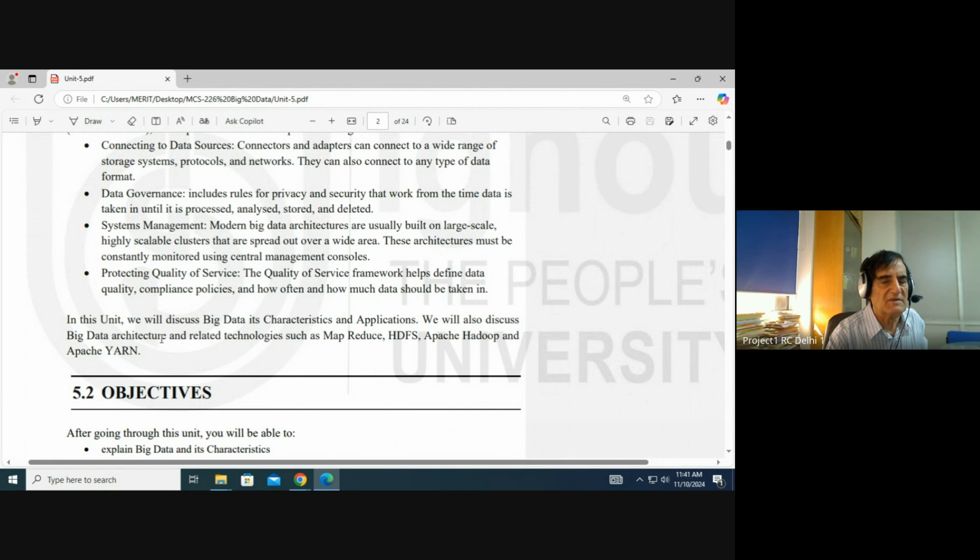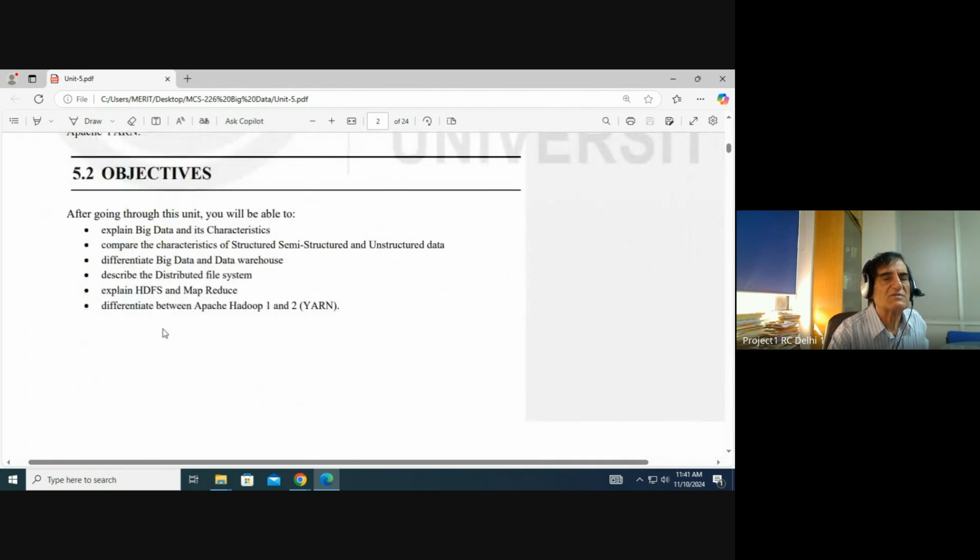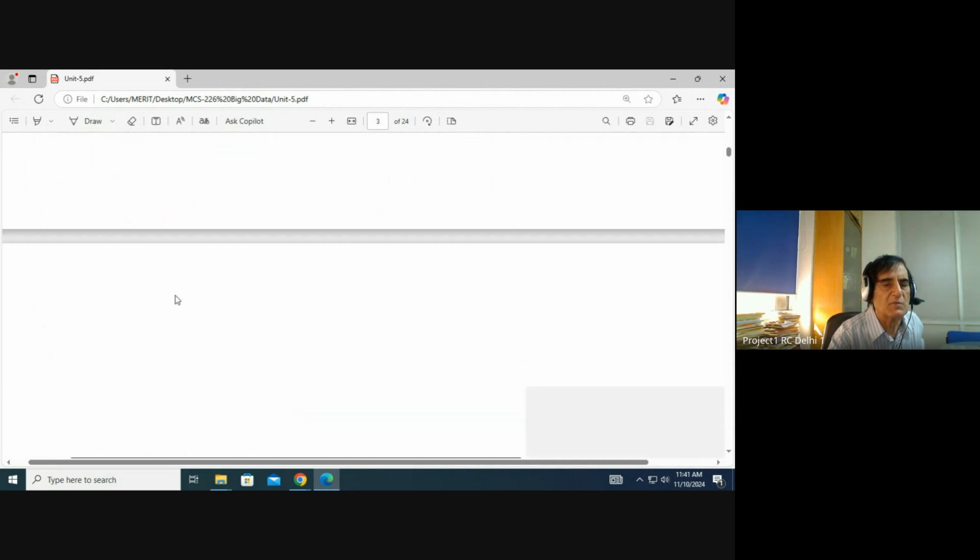The objective is to explain big data and its characteristics, compare the characteristics of structured, semi-structured, and unstructured data, differentiate big data and data warehouse, describe the distributed file system, and explain HDFS and MapReduce and Apache Hadoop 1 and Hadoop 2.